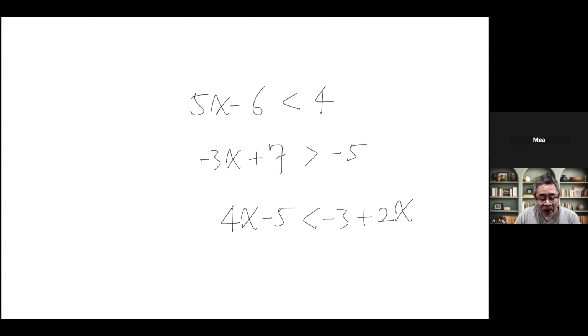So that's what we have today. Basically, we've been looking at the rules of algebra, which is important.